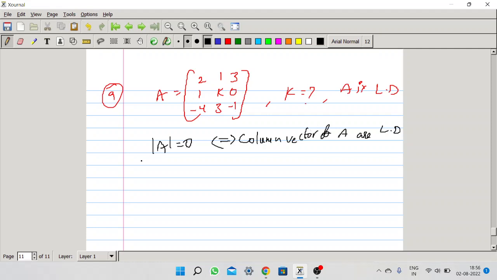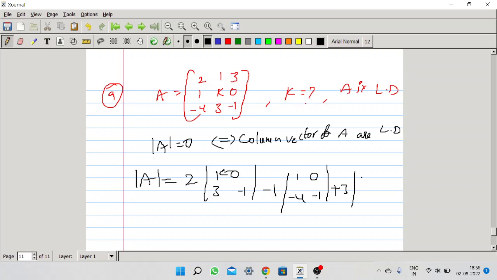So we'll just check the determinant of matrix A. Determinant of A equal to 2 times (K·(-1) - 0·3) minus 1 times (1·(-1) - 0·(-4)) plus 3 times (1·3 - K·(-4)).